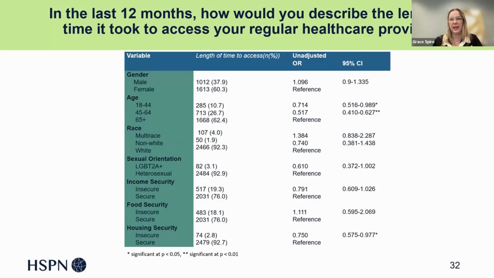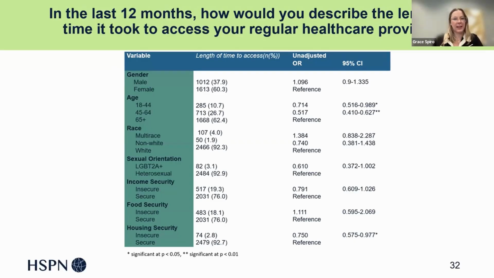Down the left-hand side, you will see the different equity stratifiers that were used, and again, compared to those two groups who felt their care was received in an appropriate length of time versus somewhat or much too long. The statistically significant results are marked with a star, one or two stars. So you can see that there was a statistically significant relationship with both age and housing security.